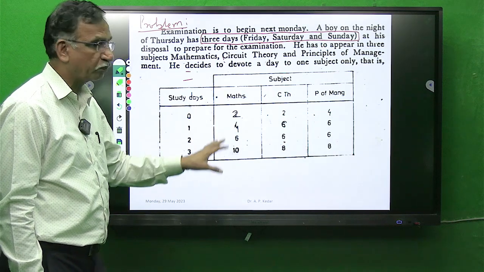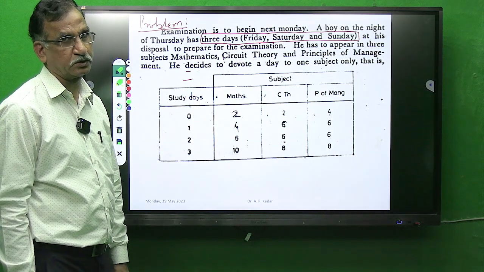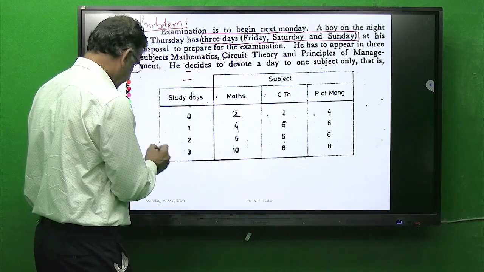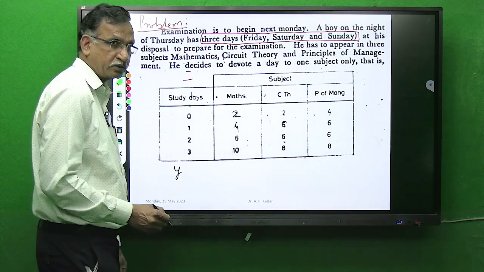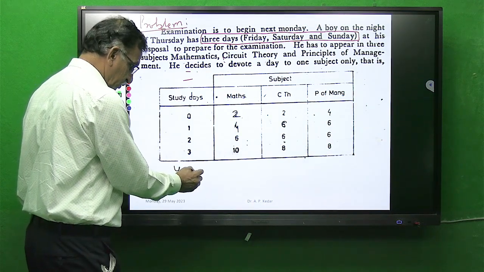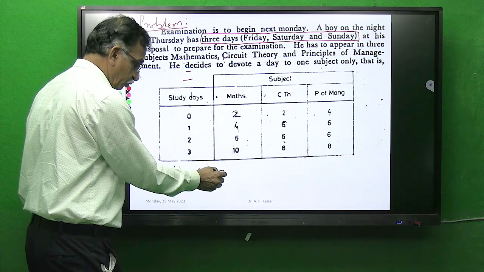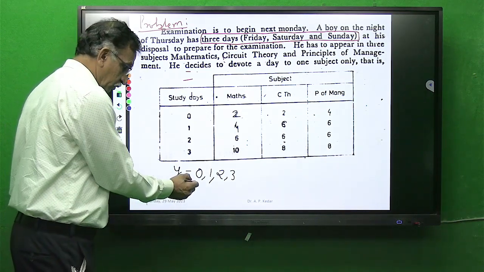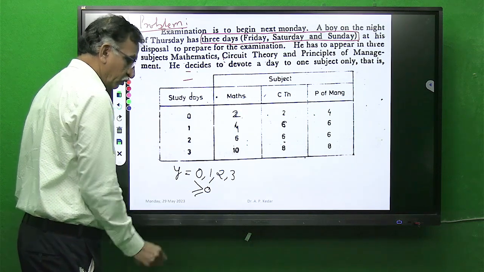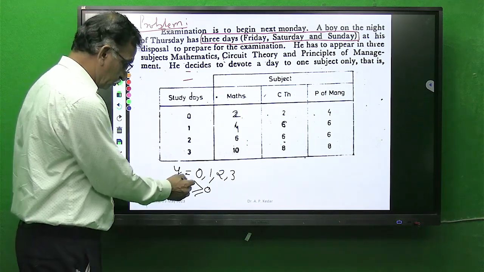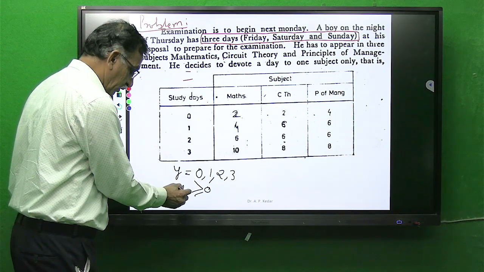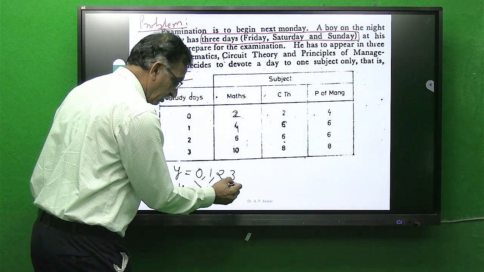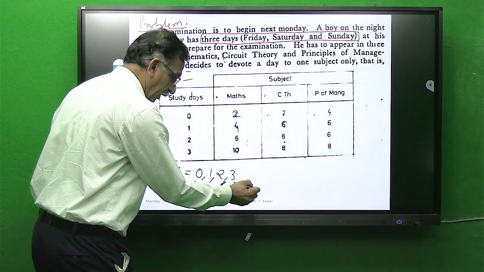Now again, this problem is of discrete nature. Because your y number of days may be 0, maybe 1, maybe 2, maybe 3. These are greater than or equal to 0. Your decision variables are greater than or equal to 0 and integers.